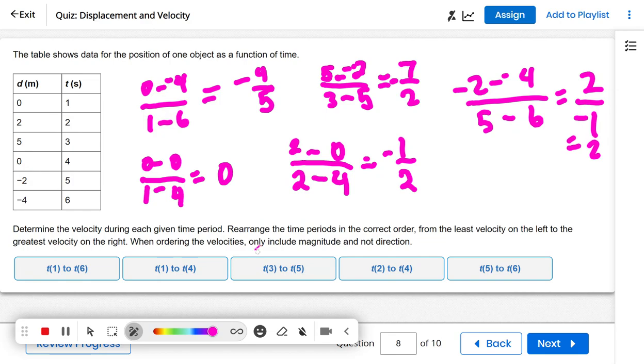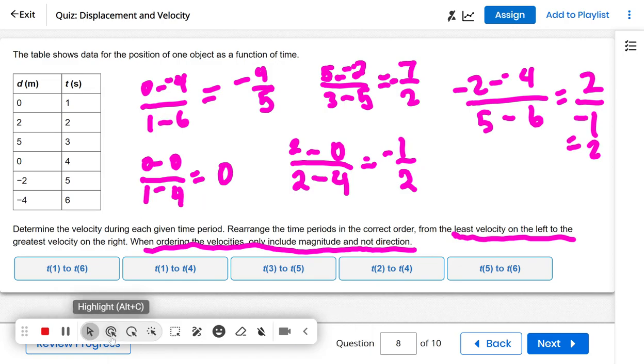Now, while ordering the velocities, we include magnitude, not direction. And we want to order from least velocity to greatest. So our least velocity, in this case, is going to be the one with 0, 1 to 4.